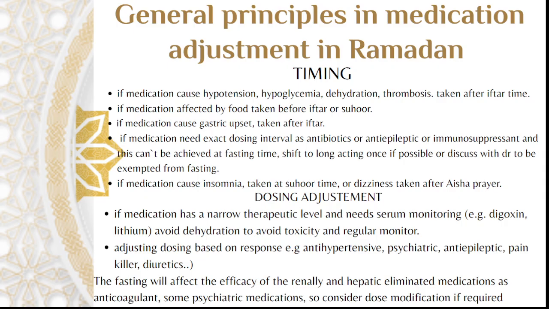For example, if he takes antihypertensive medication BID, make it once daily. But of course, at this point I will not rely on one or two times. I need to tell the patient to monitor blood pressure daily, and if he experiences hypotension for more than 2-3 days, then I will tell him to discuss with his physician.